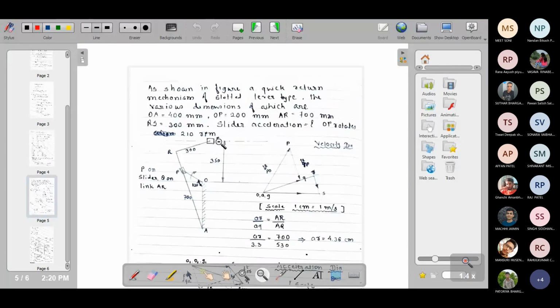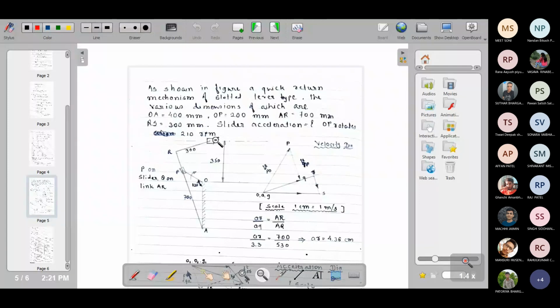This is another slider, which has linear motion, moving in this direction. Omega is 210 revolutions per minute. Now you need to find the acceleration of slider S.